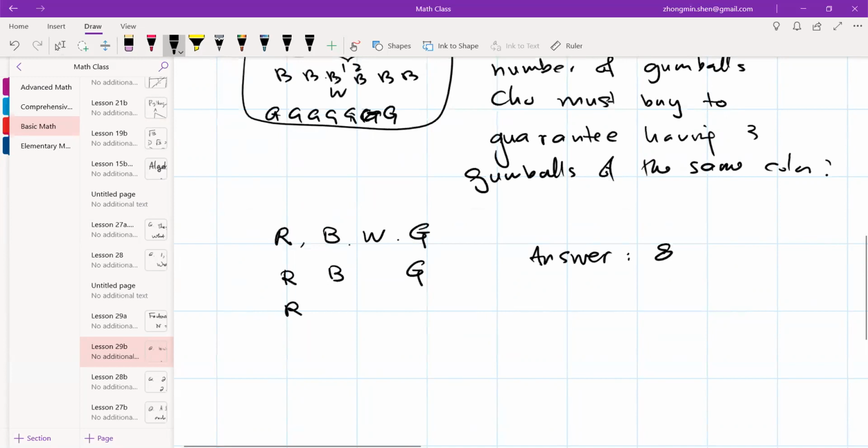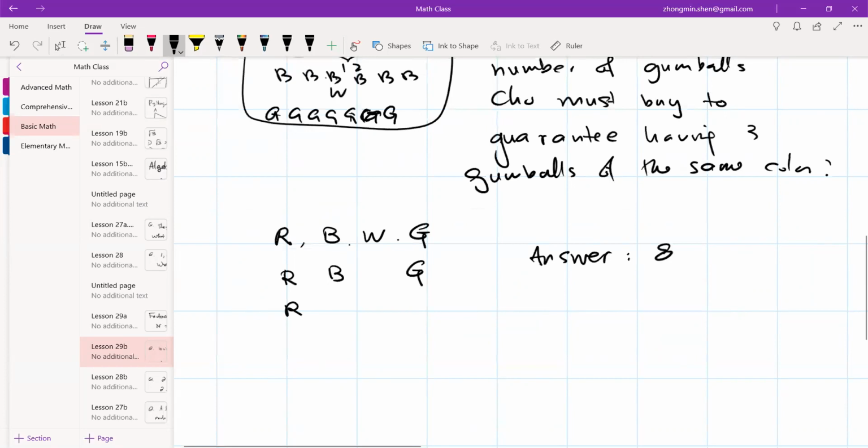So what you do is suppose you can see all of them. You make the worst case, right? The worst case is that each time you buy balls of a different color, because you only have 4 different colors. So the second round has to be repeated, 1, 2, 3, 4. Then for the next one you buy all 3 remaining colors: red, blue, green.